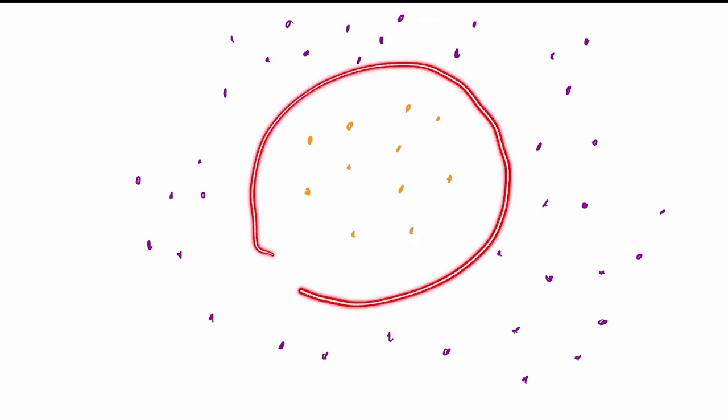You can see that we can't draw a line around this kind of a distribution. If we are to separate this, we'll need something like this. So this is not linearly separable.